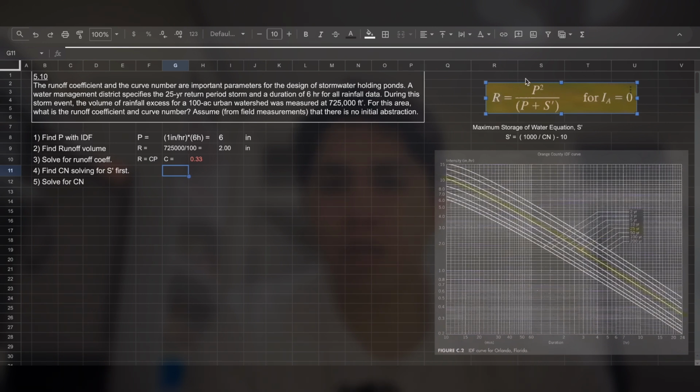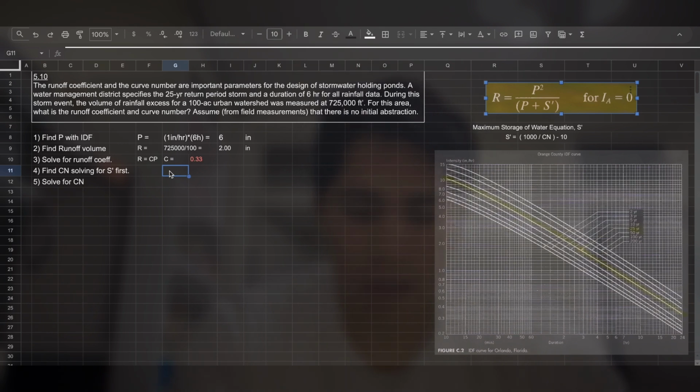You use this equation to find S prime only when the initial extraction is 0, because that's what we're given. This is an equation from the book. When the book starts talking about curve number, it introduces this equation. So all we need to do here is solve for S to find the storage.